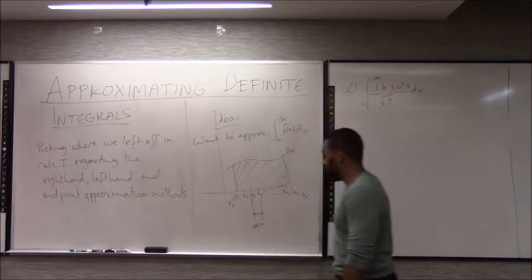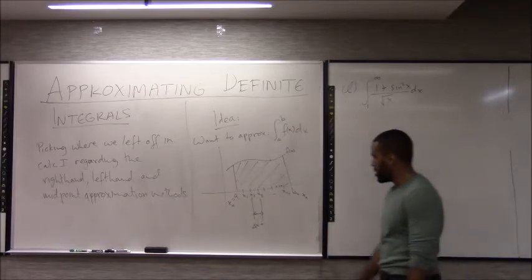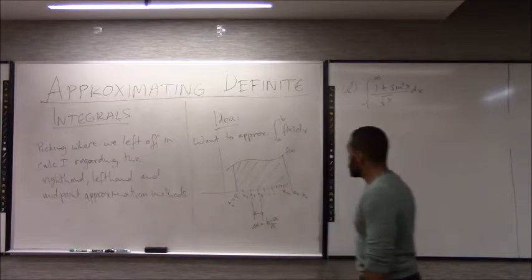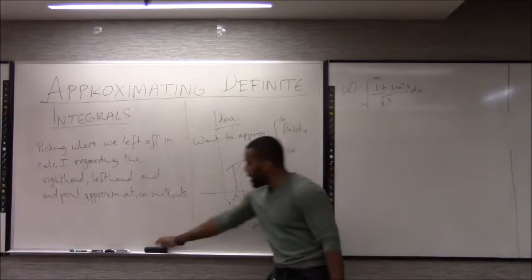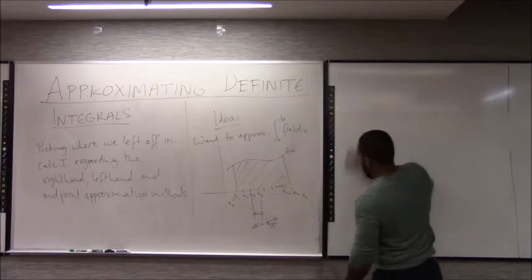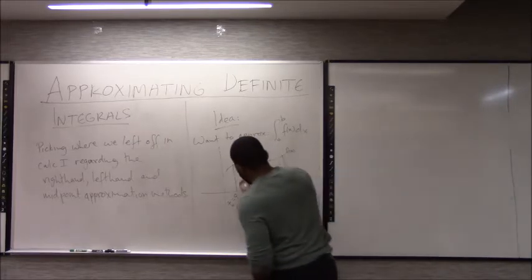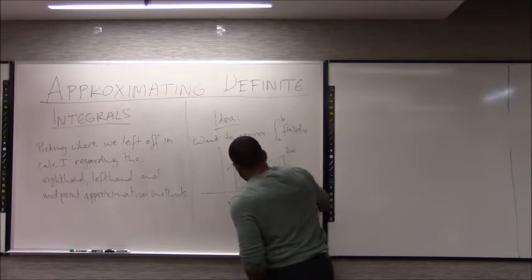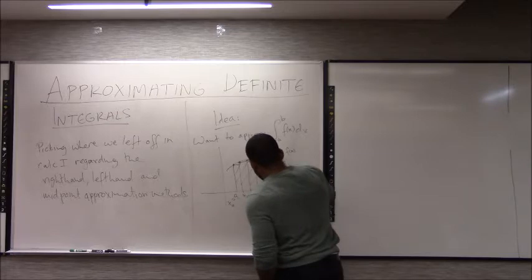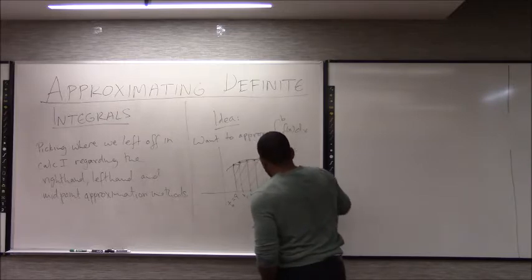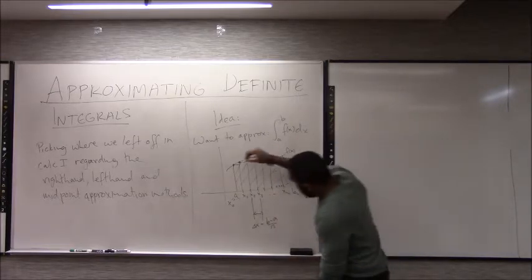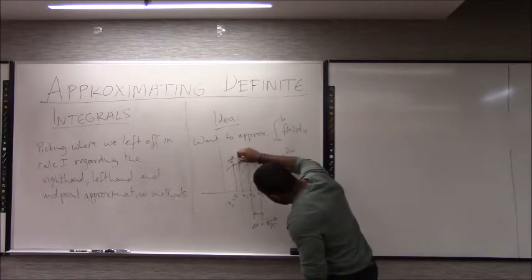So each subinterval had equal length, which is b minus a over n. Then we basically had to have a formula. I'm just doing an example of a left-hand approximation here. So here we had f of x0, f of x1, f of x2, etc.